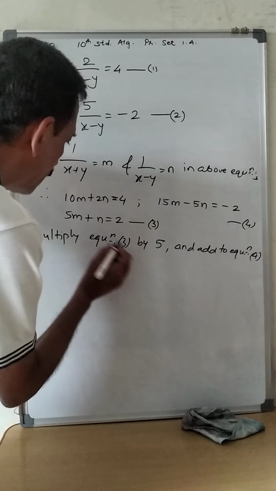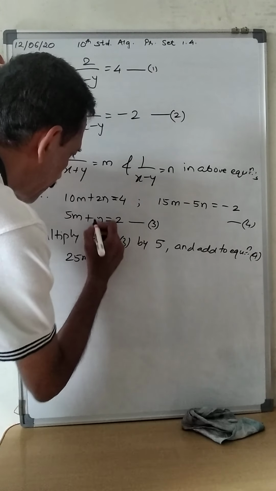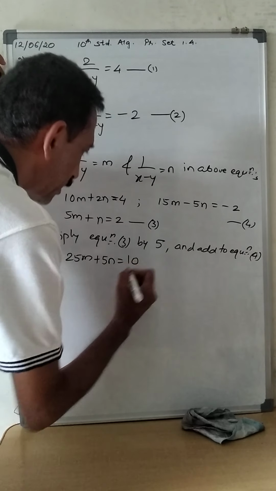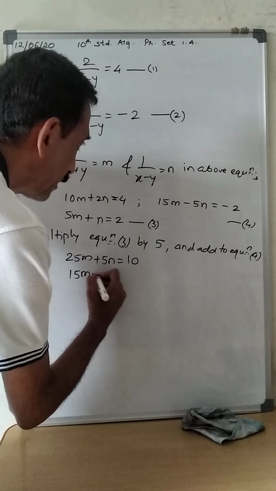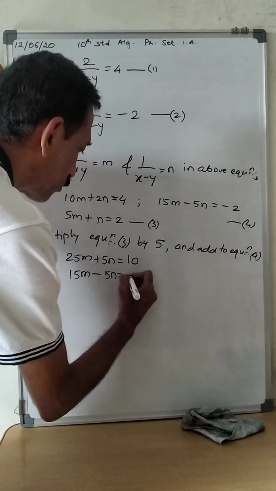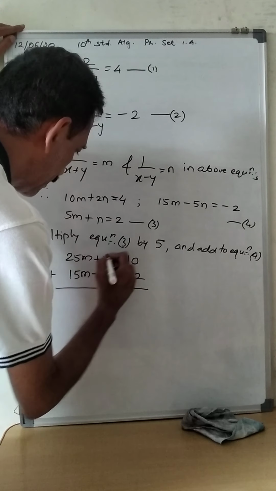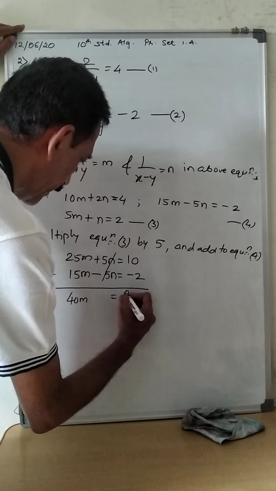So we get 5 5s are 25m, 5 1s are 5, 5n, 5 2s are 10. We write the same, 15m minus 5n is equal to minus 2. So adding, we get 40m is equal to 8.